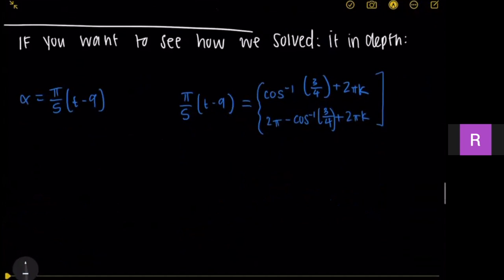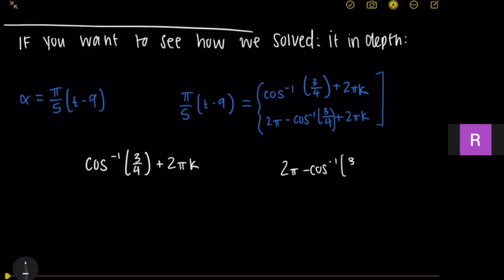So down here, what we're going to do is take the first equation, which is inverse cosine of 3/4 plus 2 pi k. And then the second equation, which is 2 pi minus cosine inverse of 3/4 plus 2 pi k. And we're going to set them both equal to this pi over 5 times t minus 9.